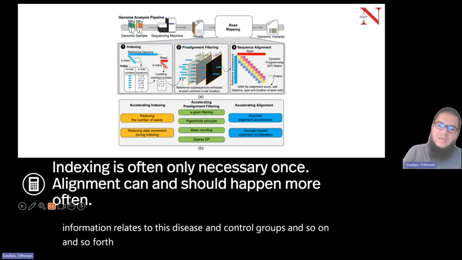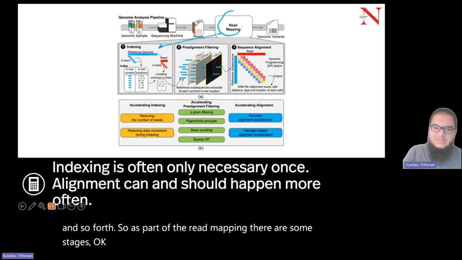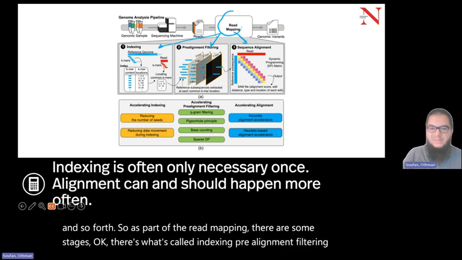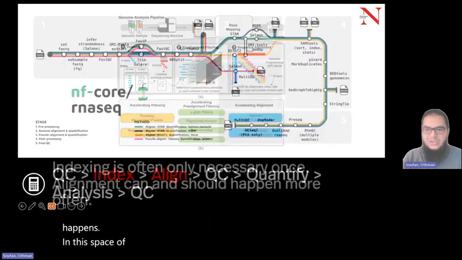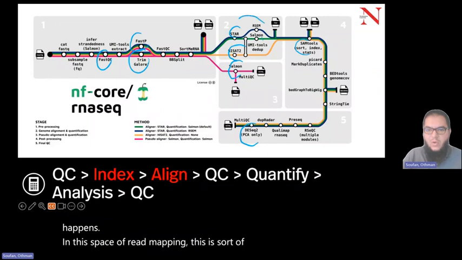So as part of the read mapping, there are some stages, okay? There's what's called indexing, pre-alignment filtering, and sequence alignment. So when I understand what happens in this phase of read mapping, this is diving more into this stage, stage 2.